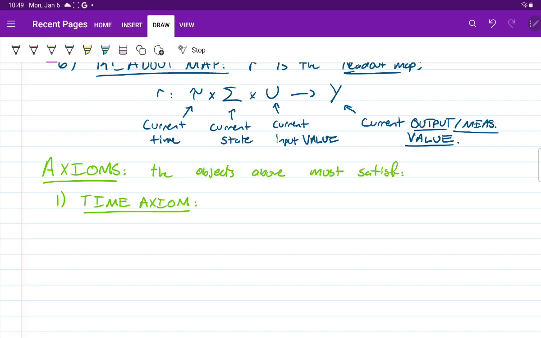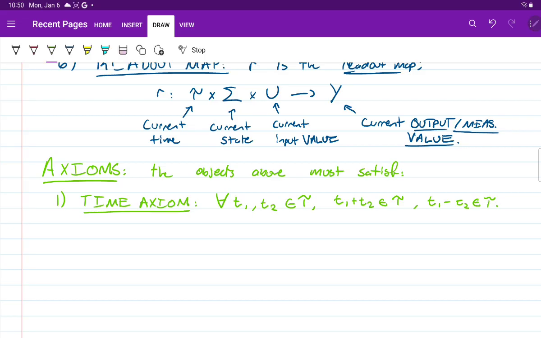What the time axiom says is we can add and subtract different times in our time set without any problem. For all t1, t2 in our time set, t1 plus t2 is also in our time set, and t1 minus t2 is also in our time set.